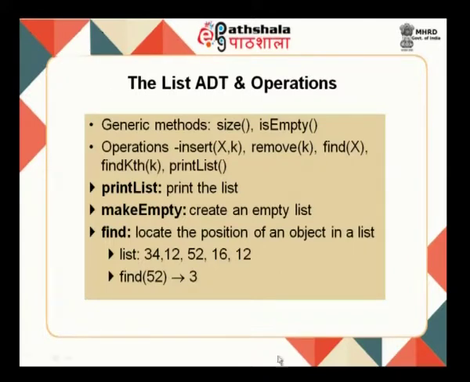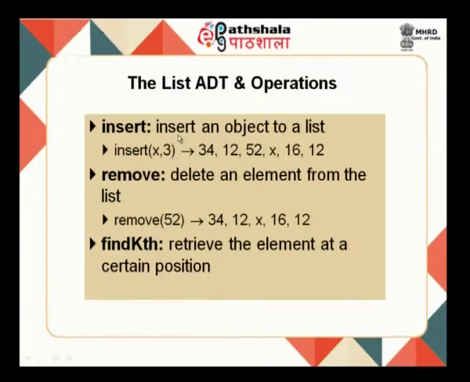So, for example, suppose it is given locate the position of object in the list. Let us assume I have given the list here, and if it is given find 52. Now, you can assume this is 0, 1, 2, 3, 4, 5, or you can number it as 1, 2, 3. You have to understand this assumption. So, here for 52 the position is given as 3. Insert an object to a list.